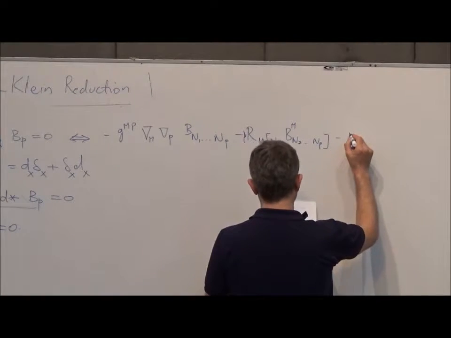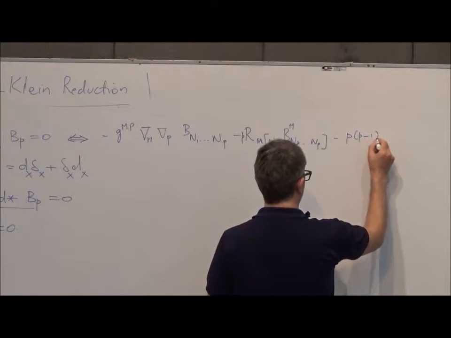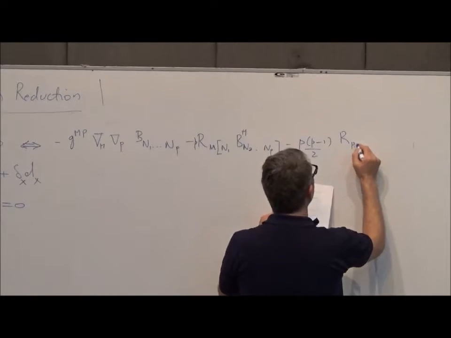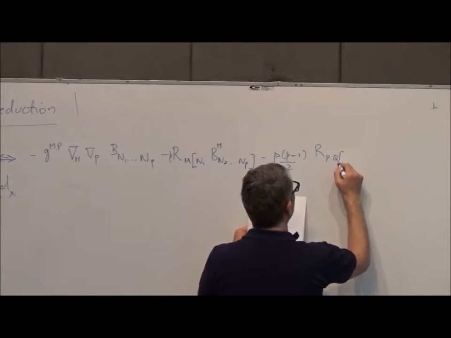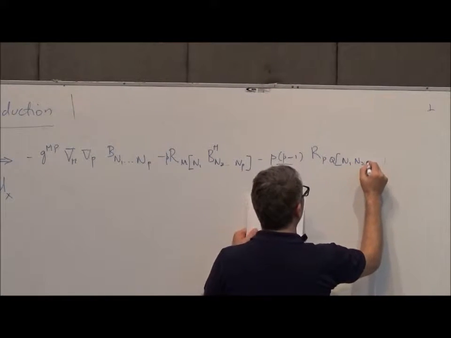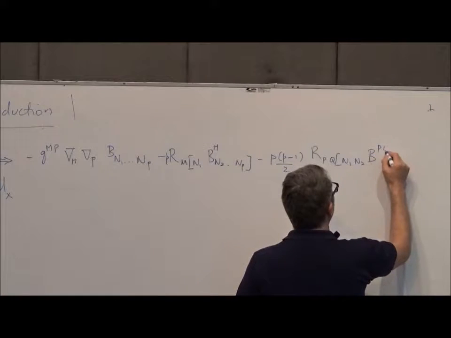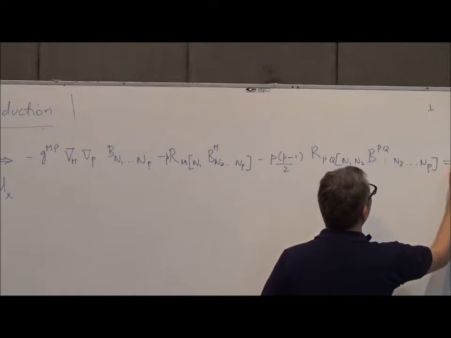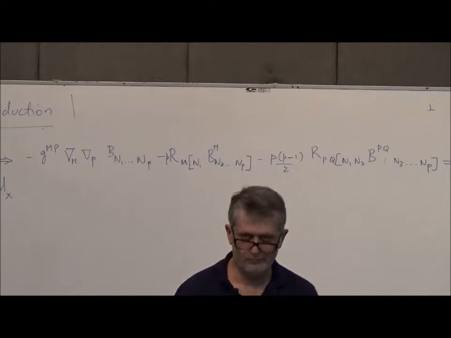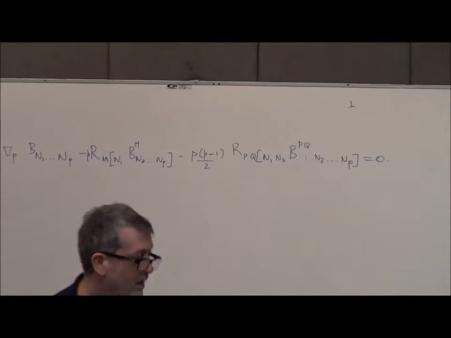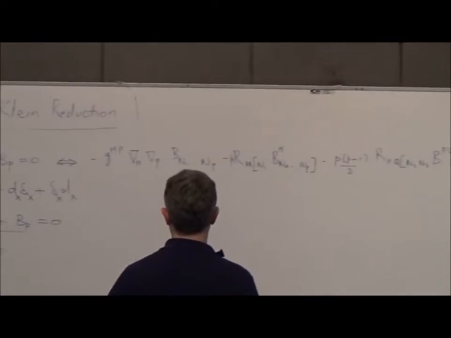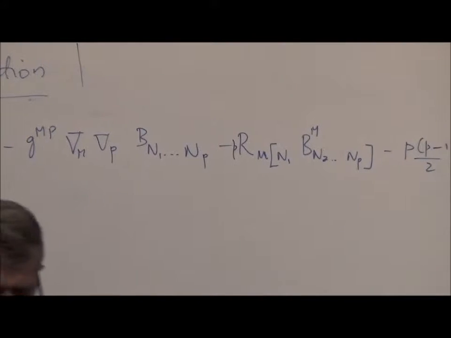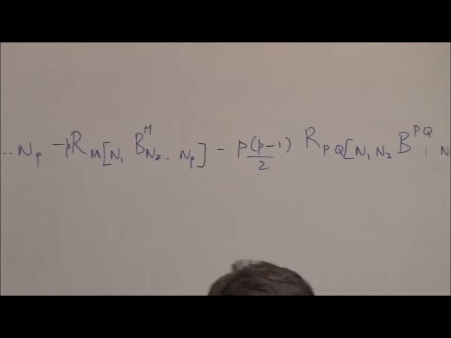You get a P minus 1 over 2. And then you get, this is why I never wrote it out before, by the way. There you go. Everything's minus. I think that's P. I'm sorry, I don't have a P there in my notes, but I think it should be P.